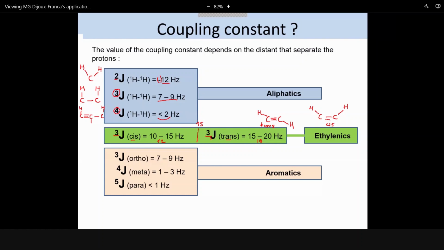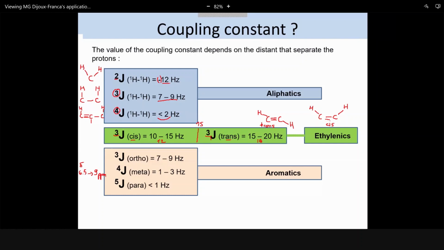And then if you are in an aromatic ring, remember the chemical shift is from 6.5 to 8, 9 ppm.